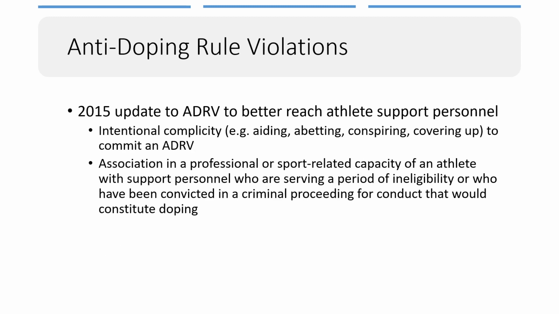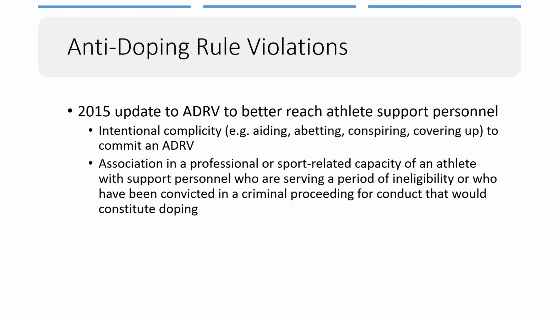So we've seen a lot of cases where these anti-doping rule violations can happen. And in 2015, updates were introduced to the violation rules to extend the reach of the regulations to encompass athlete support personnel. So it wasn't enough. Let's expand. These updates focus on intentional complicity, encompassing actions such as aiding, conspiring, and covering up to commit violations.